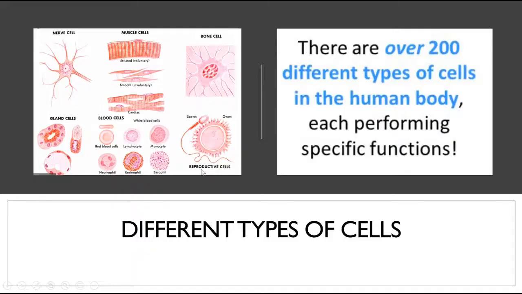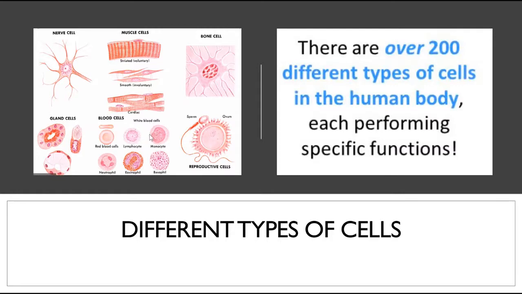Now, coming to different types of cells. Your body has many kinds of cells, each specialized for a specific purpose, right? Just as a home is made up of a variety of building materials, like bricks, cement, etc., your body is constructed from many cell types.